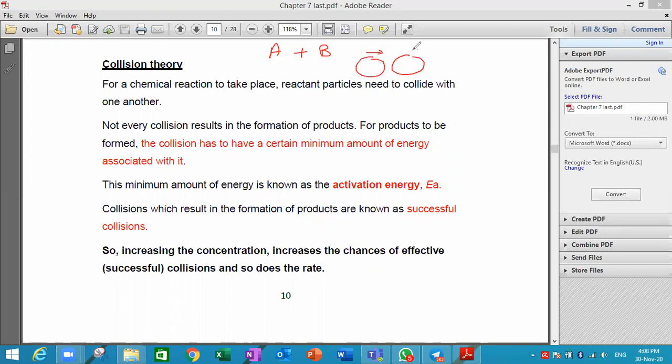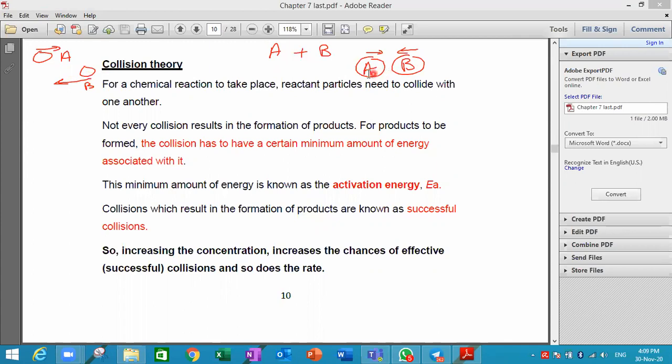But if A and B did not collide, if A was moving in this direction and B was moving in that direction, they did not meet, then no reaction will take place from the beginning. So for any reaction to take place, the reactants A and B must collide together.